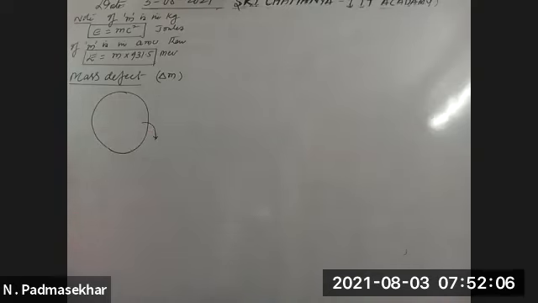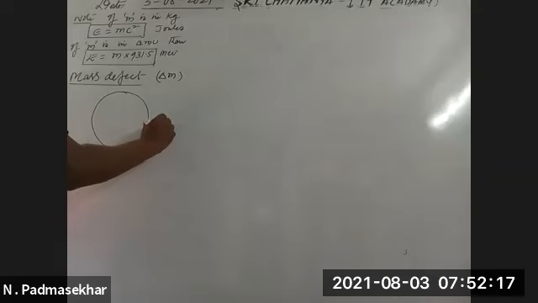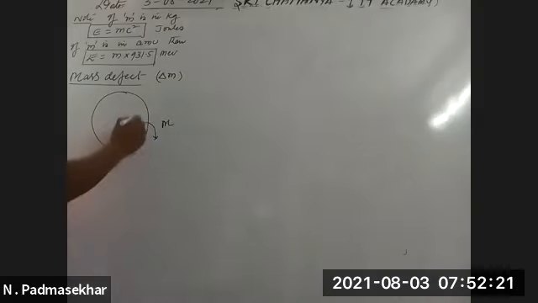We call the mass of the nucleus M. This nucleus consists of protons and neutrons.